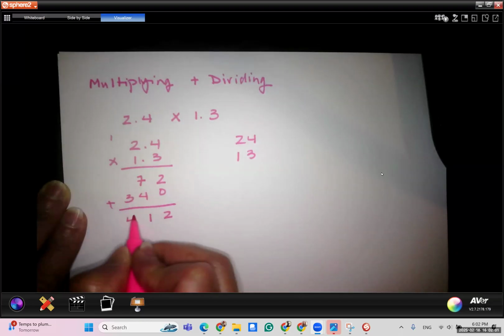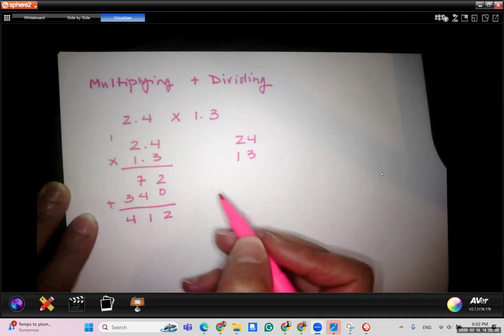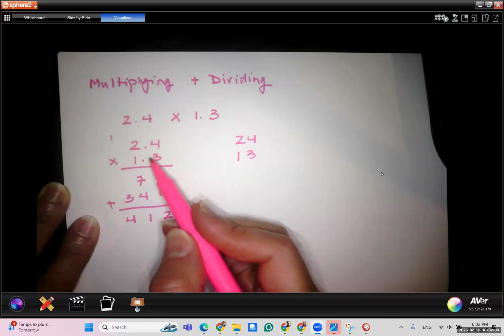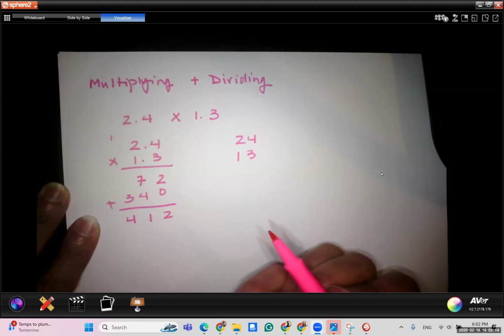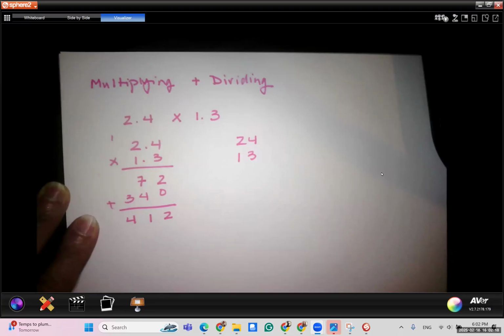312, okay? So this is if we have multiplied 24 by 13, but the fact is that we really actually multiplied 2.4 times 1.3, but we ignore the decimals first. We multiply as if they were not there. And then once we have the final answer, we're going to go and count the total number of decimal places that we have, and then go from right to left and count those.